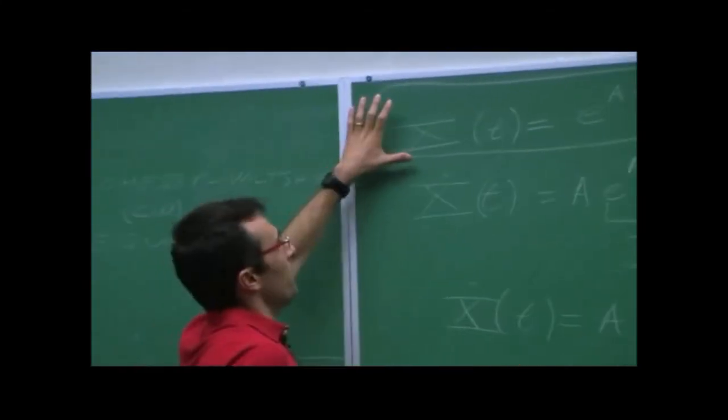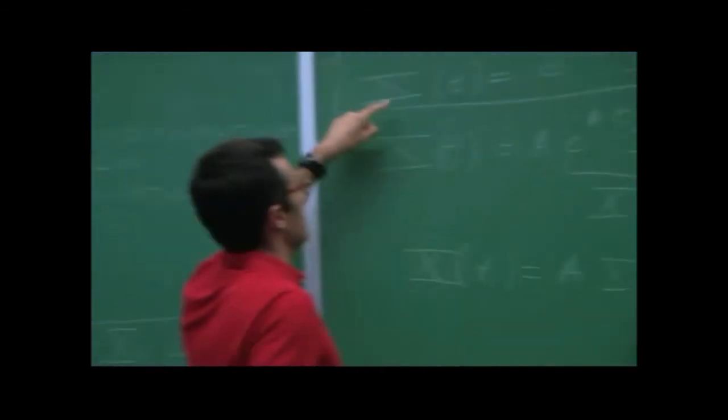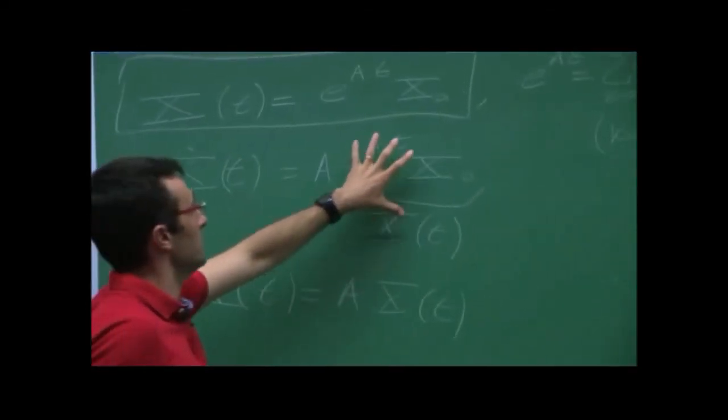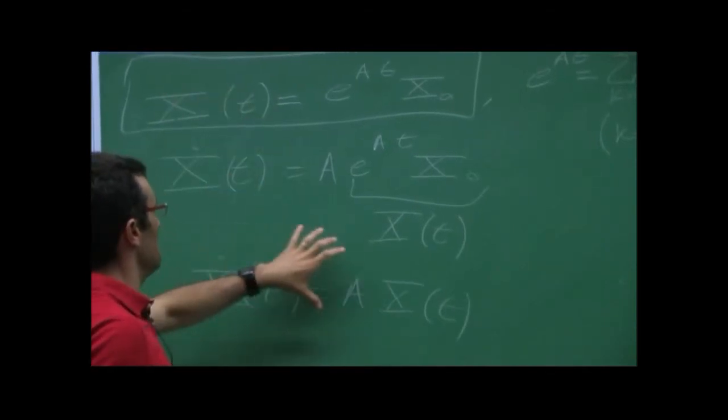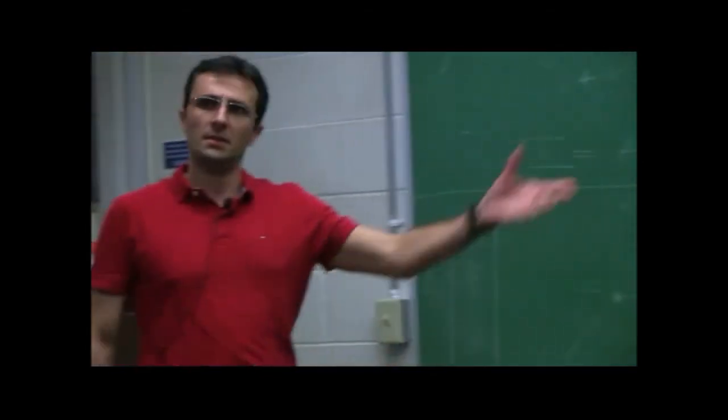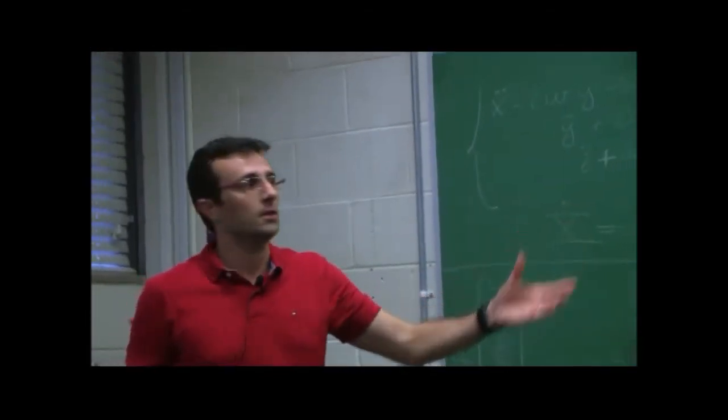If I claim that this is a possible solution, where this is my initial condition and this is the exponential of A t, where A is the matrix that we derived last time, I can prove it: I take its time derivative, this is how it looks, and this is again A x of t, so it satisfies my way of writing LTI equations, right? You don't remember these from any classes? You should. So these equations do have a solution that can be expressed that way.